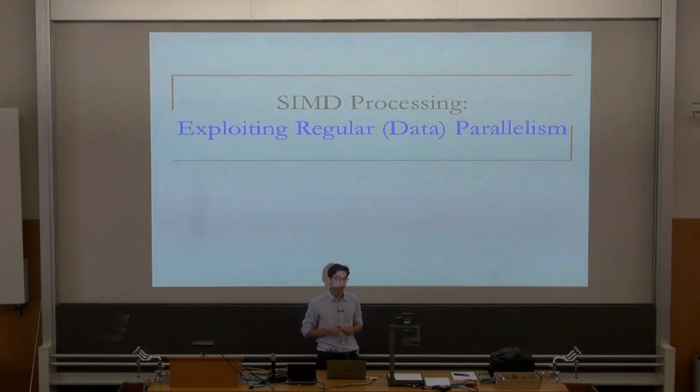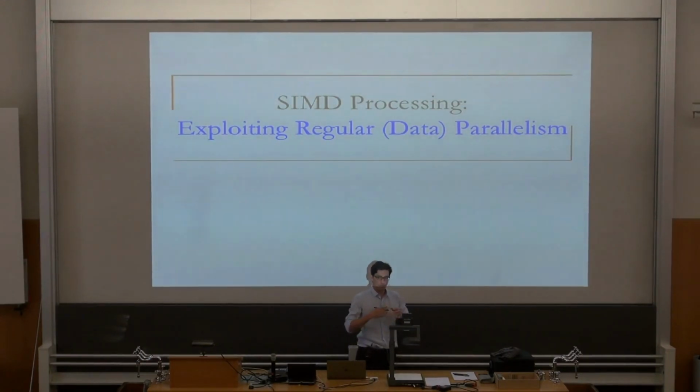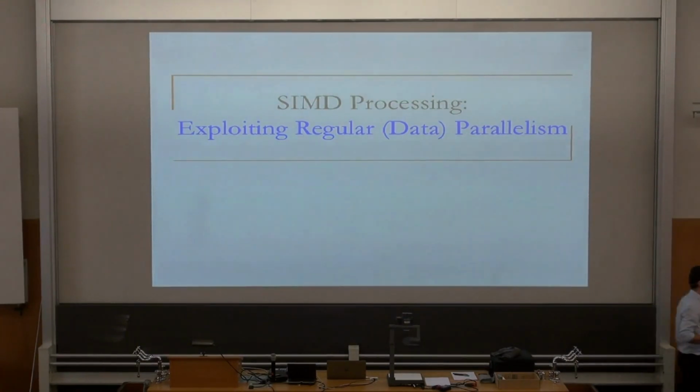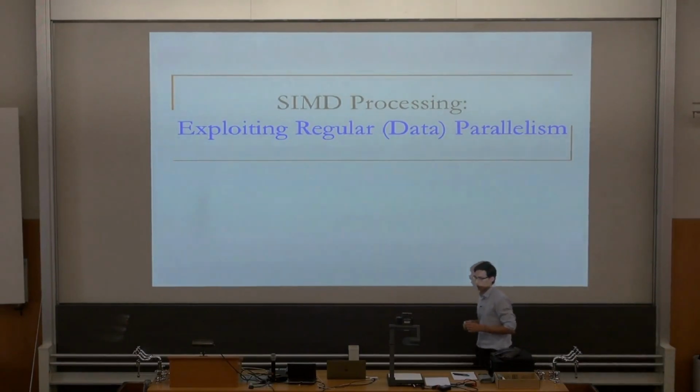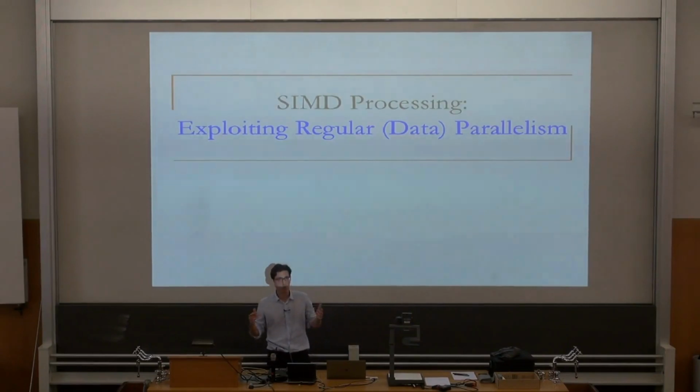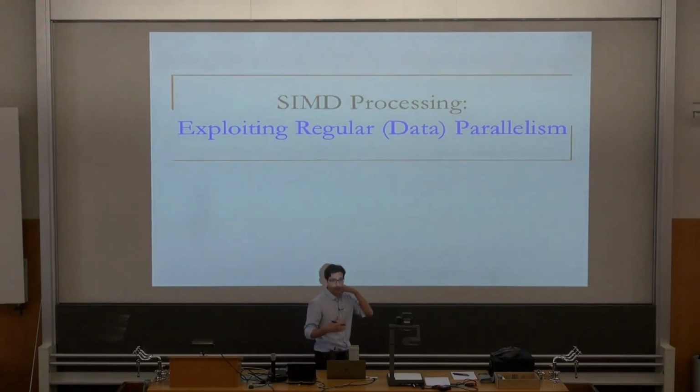So every time that we have an array of data elements that we have to process, we can use vector or array processors or GPUs, and they are going to perform especially well when the parallelism is regular, when the computation that we have to perform on every data element is the same.